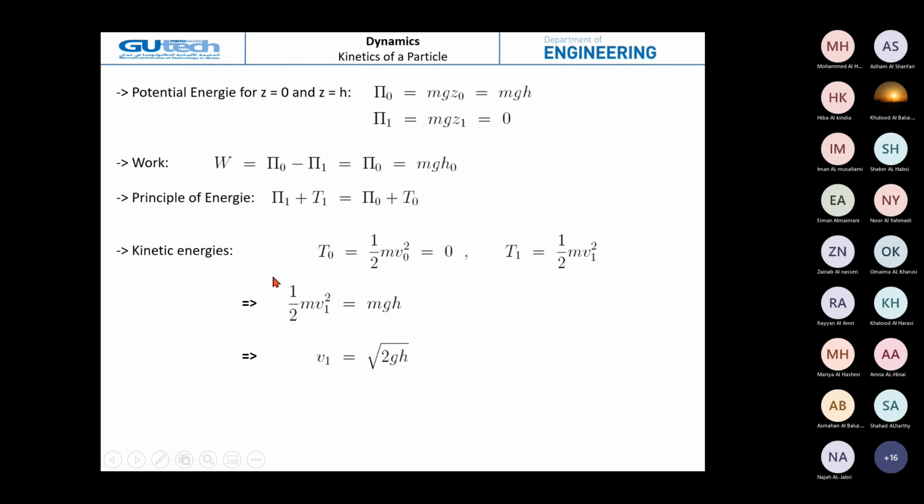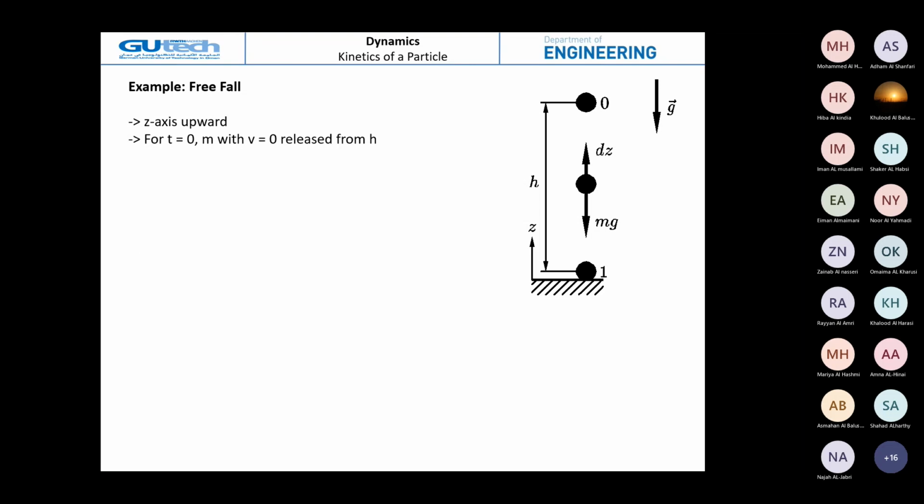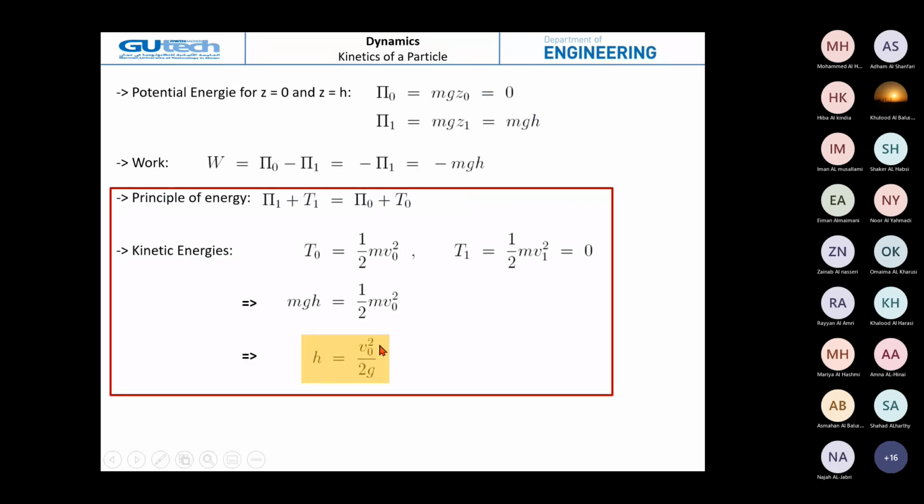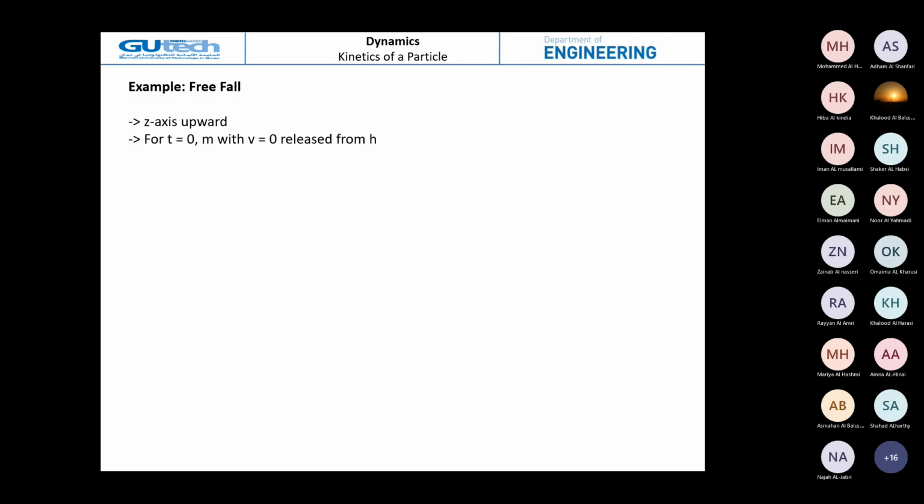Then we make the equality, replacing the expressions of P0, P1, T0, and T1. In this case, we get the velocity V1, which is the square root of 2 times gh.